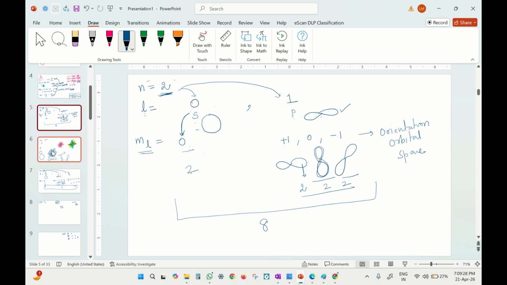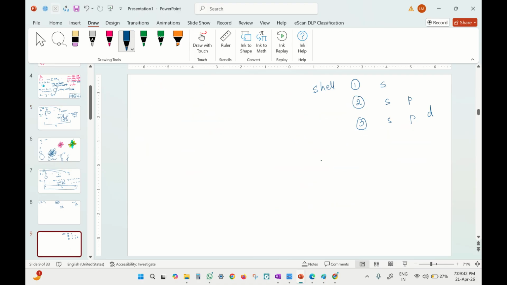In S subshell, how many electrons are possible? And in P subshell, how many are possible? So that's constant, no? So the maximum number of electrons in the S will always be 2. The maximum in P will be 6. The maximum in D will be 10. Okay?